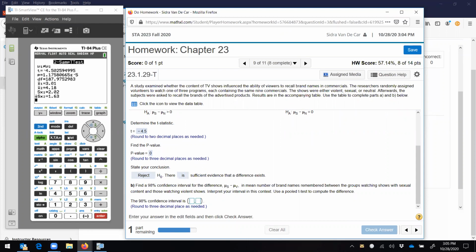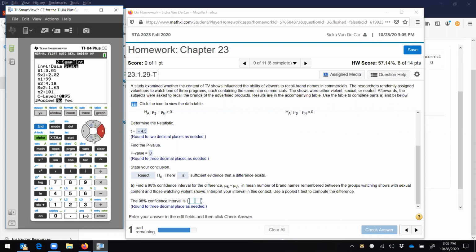And a 98% confidence interval. It was 0, right? 3.01, 2.02, I think those are the values we just worked with.